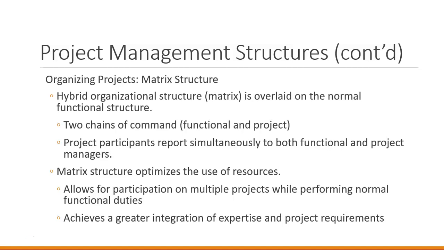Our functional managers can decide when their employees have extra time to work on projects, but we have a project manager who is in charge of making sure that the project gets completed. So we have the availability of the expertise from the functional teams, but we still have a project manager who is making sure that the project is getting completed.